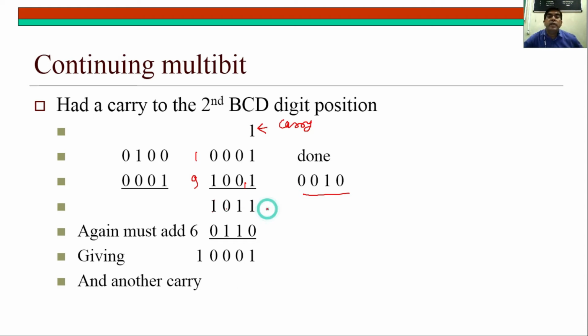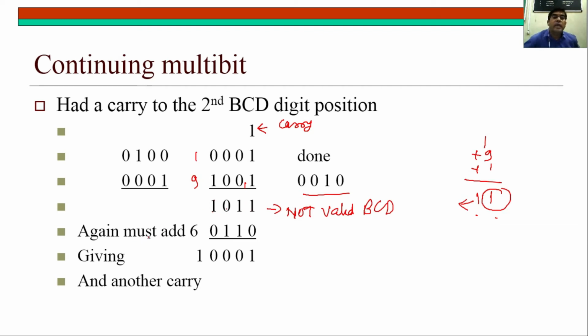So what do we do again? This is not a valid BCD. So what do we do? See here we had 1 plus 9 plus 1. What is this? 11. So I should get sum as this and carry to the next stage. So I should get 1 1. But what is here? 1 0 1 1. What we do? Again add 6 to this number.